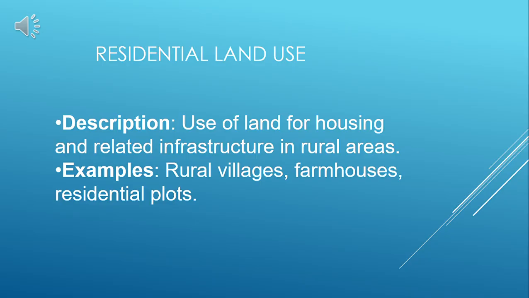Residential means where we live, where people live. For the living purpose they need houses, and the land where we build the houses is called residential land. These are the examples of residential land use.